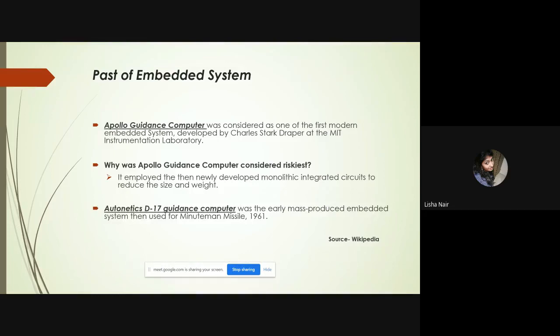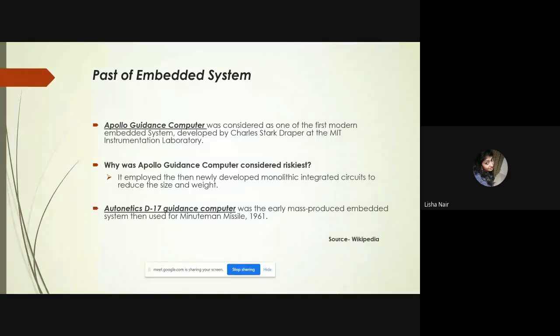That was the first modern embedded system, which was developed by Charles Stark Draper for the MIT Instrumentation Laboratory. He considered the Apollo guidance computer risky. Why? Because it had so many monolithic integrated circuits, which reduced size and weight, but could cause a short.